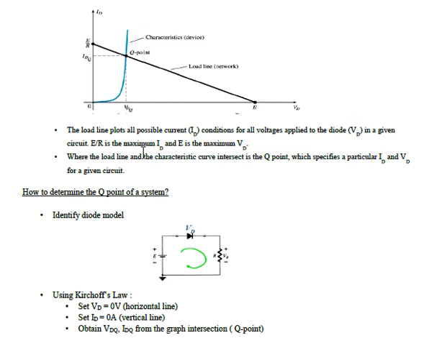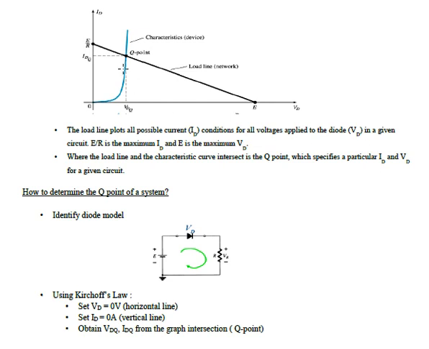So in a given circuit, E over R is the maximum current and E is the maximum voltage. Where the load line and the characteristic curve intersect is the Q point, which specifies the particular current and voltage for a given circuit.